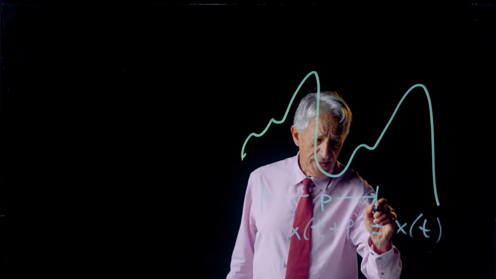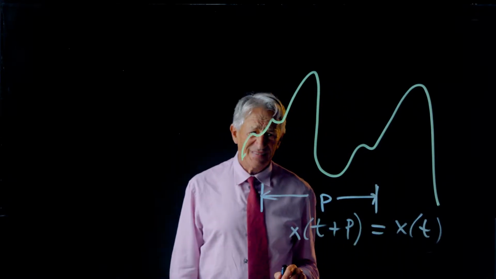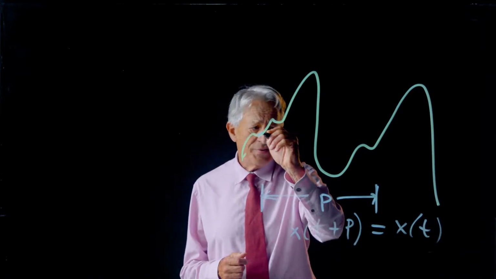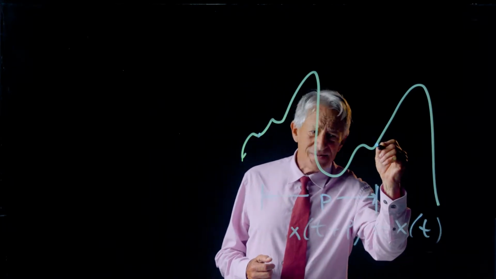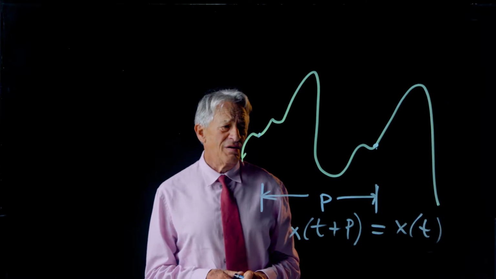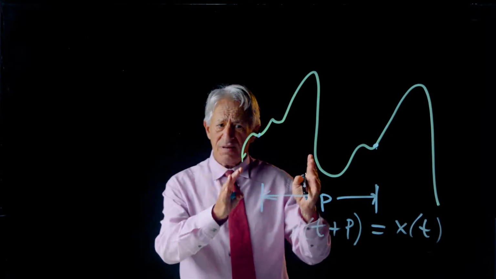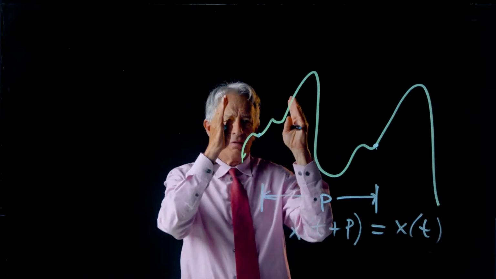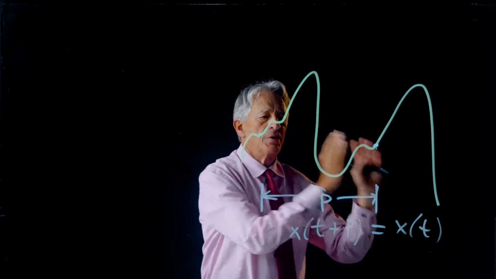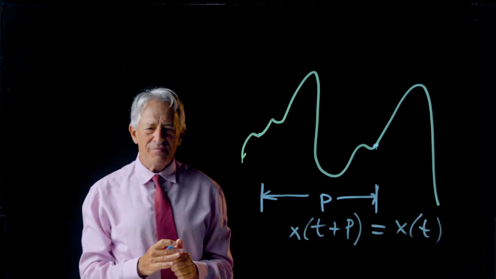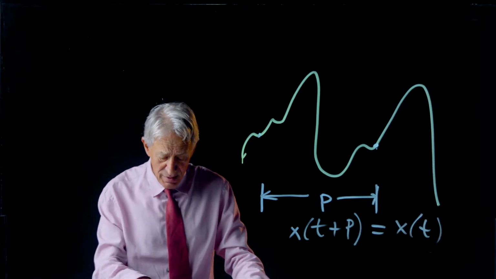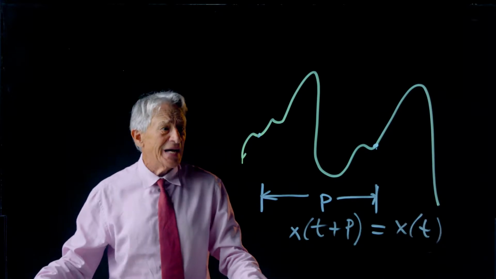And is that the case here? Well, no. Because this is going to pick this value, and then this is going to pick a slightly different value. There is not an exact paper doll's repetition of exactly the same figure, which is what, of course, it would have to be if it was periodic.